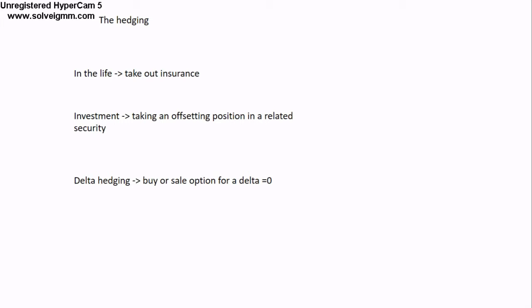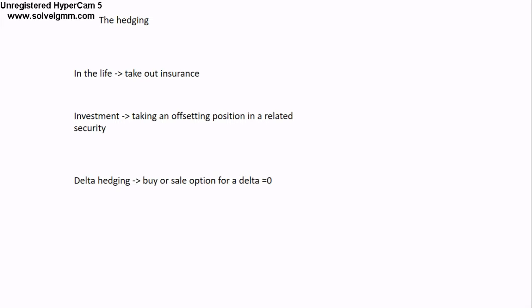So in finance it's the same thing. In investment, hedging means taking an offsetting position in a related security. Okay, now we know what hedging is and how we hedge in finance.